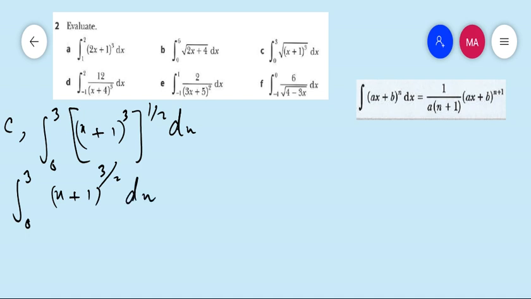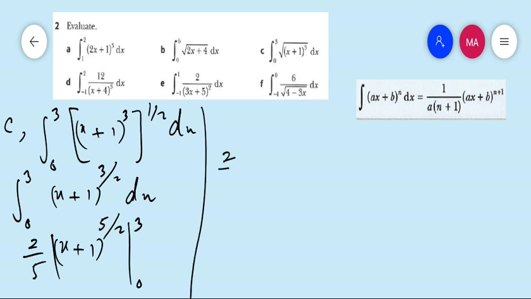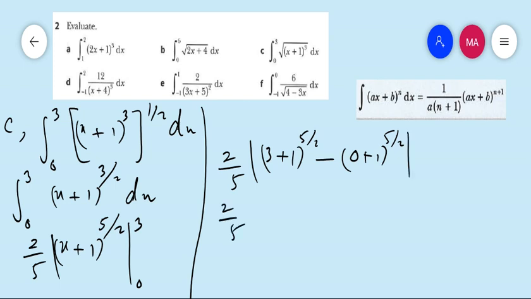In this case there is no coefficient of x, so we just add 1. 3 upon 2 plus 1 is 5 upon 2, and the reciprocal is 2 upon 5, and applying the limit 0 to 3. 2 upon 5, apply the limit (3 plus 1) power 5 upon 2 minus (0 plus 1) to the power 5 upon 2. 2 upon 5, 3 plus 1 is 4, 4 power 5 upon 2. 0 plus 1 is 1, 1 power 5 upon 2. 1 power something is always 1.